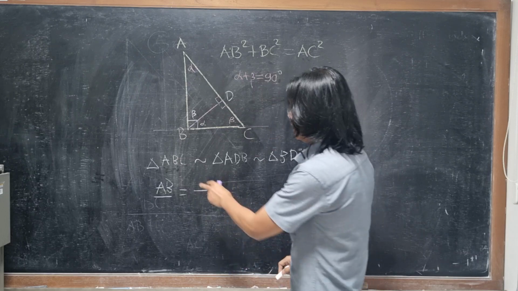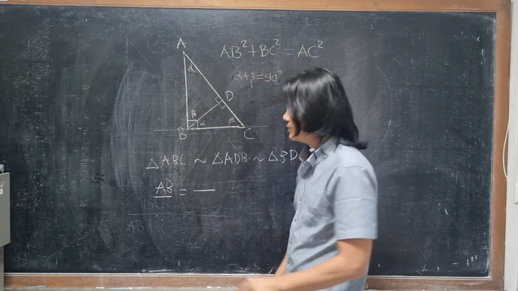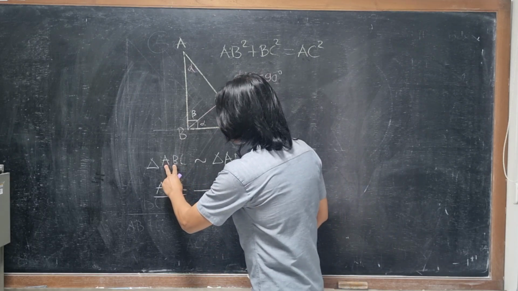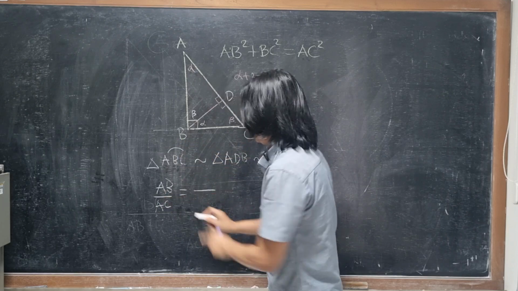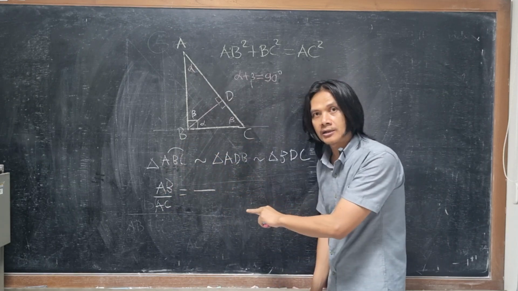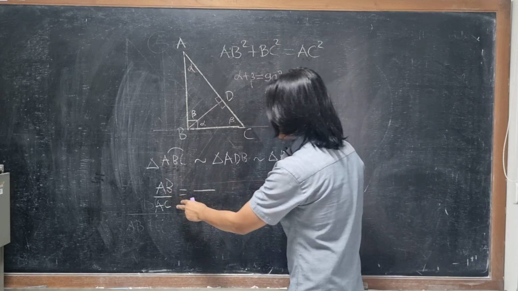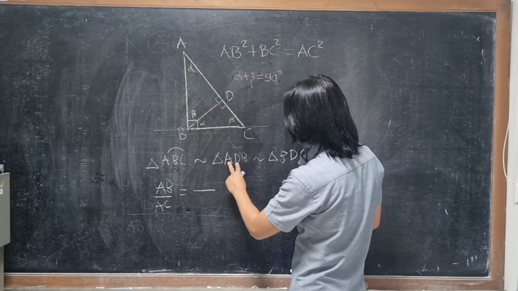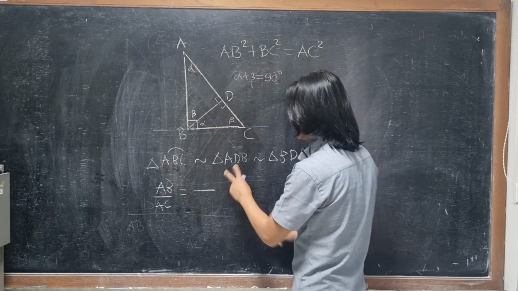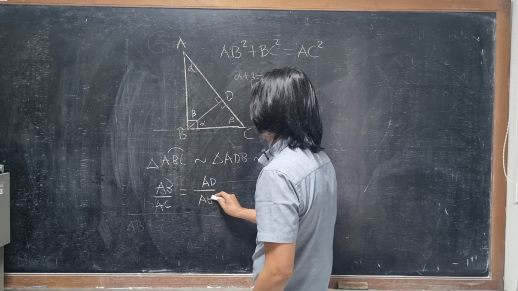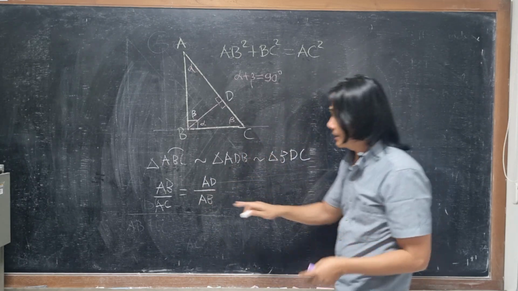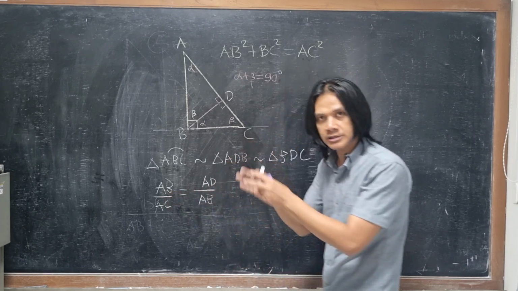So if we consider the ratio between AB and AC, then on the second triangle, this ratio must be equal to the ratio of AD to AB. Okay, so we purposely consider these proportions.